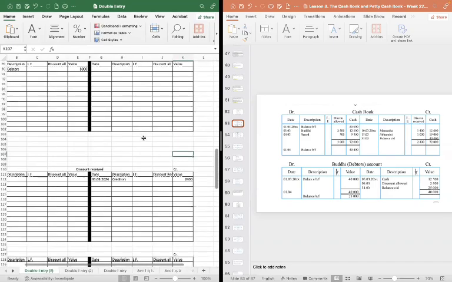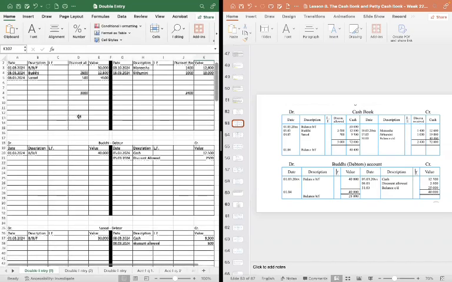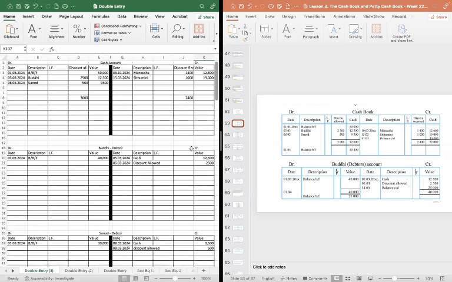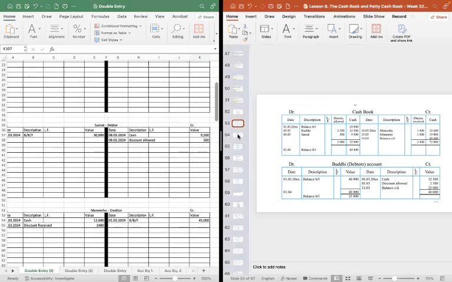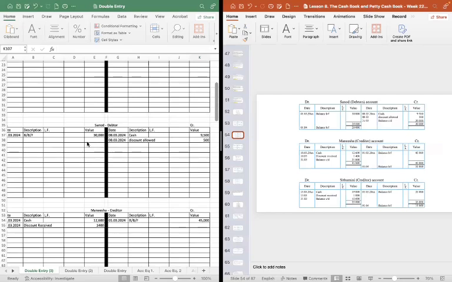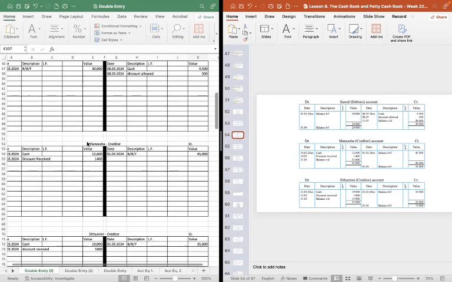Okay. Before balancing, let's go to the notebook and see whether things are in line. 5,000, 12,500, 9,500, 2,500, 19,000, correct. 40,000, cash discounts allowed, correct. 30,000 in cash discounts allowed, correct.